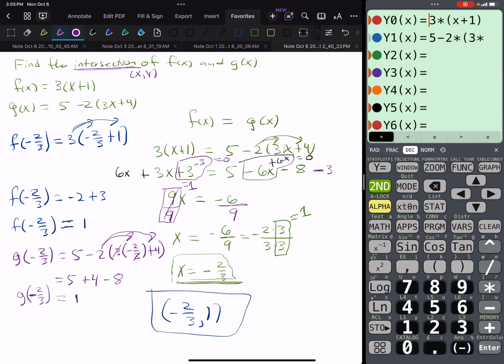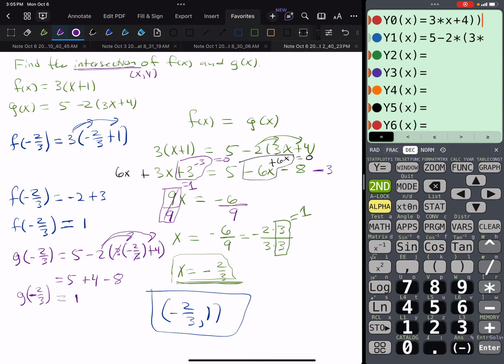And you always, when you're done typing, go back in and make sure you typed in what you thought you did, because I have what I call fat finger disease, and it hits multiple buttons at once. All right, so I got 3 times x plus 1 minus parentheses 5 minus 2 times parentheses 3x plus 4, and then close both sets of parentheses.